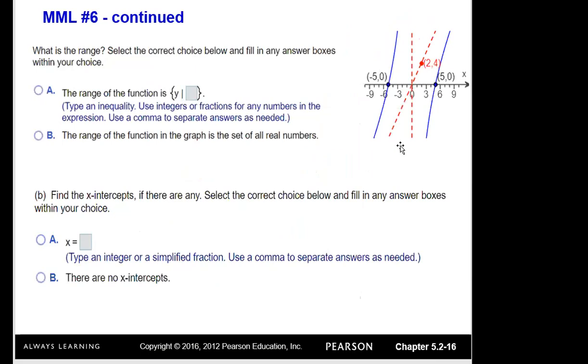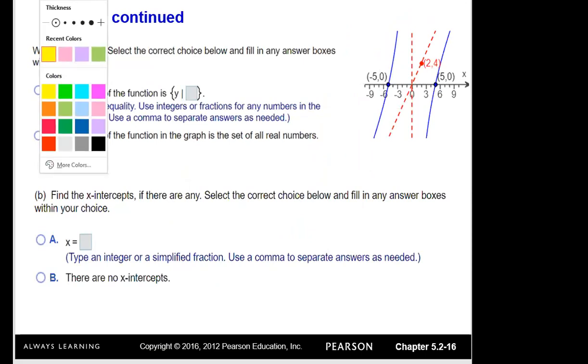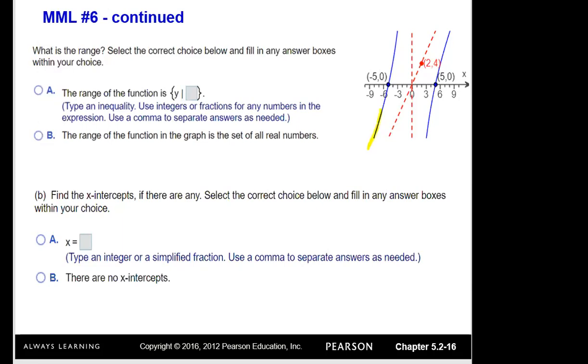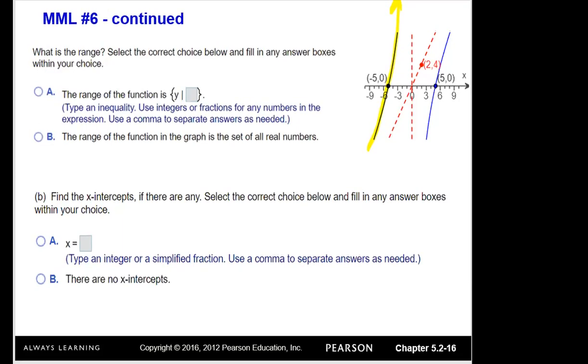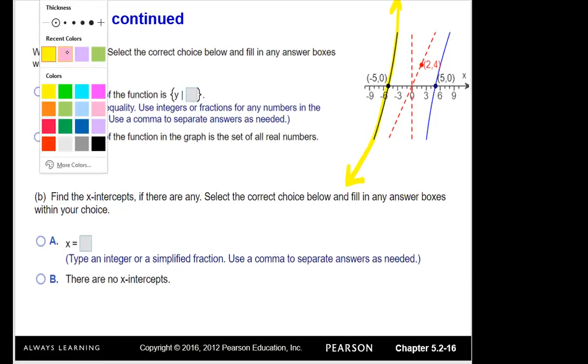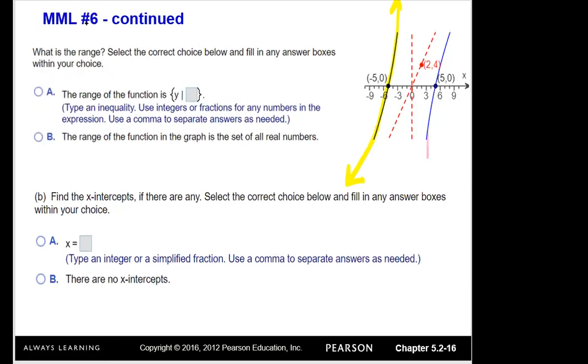Then they want to know what's the range. Now remember, the range is all of your y coordinates. And this graph on the left, it keeps going up, and it started way down here. And the same thing on the other side. It starts way down here and keeps going up.